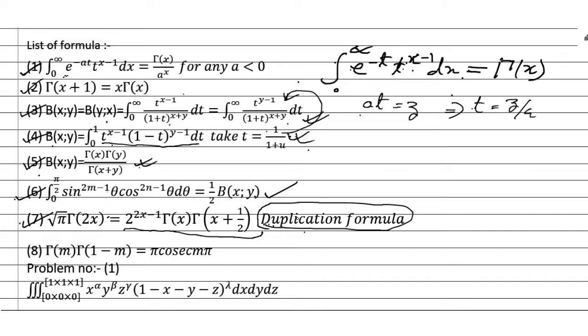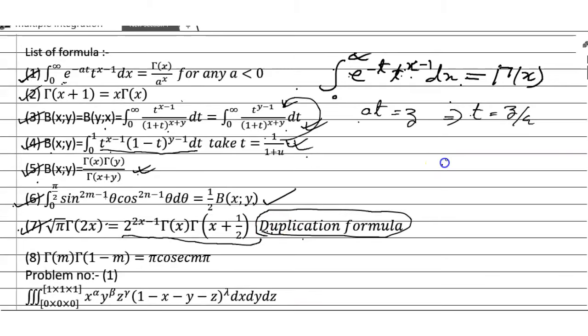So how to prove the Legendre duplication formula? This is a very interesting problem. It is very interesting how it is proved. So friends, let's start to prove this duplication formula.